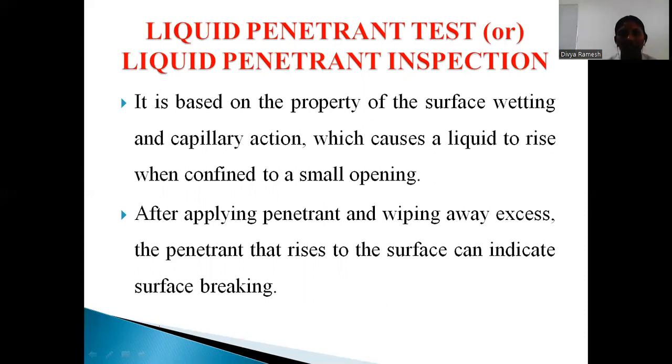Liquid penetrant inspection is based on the principle of capillary action. We are already aware of capillary action.